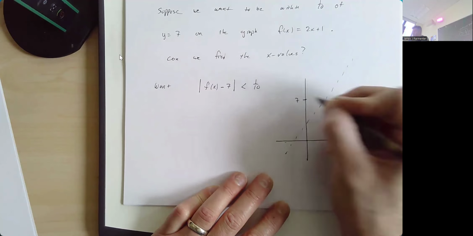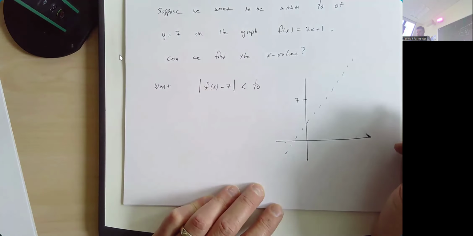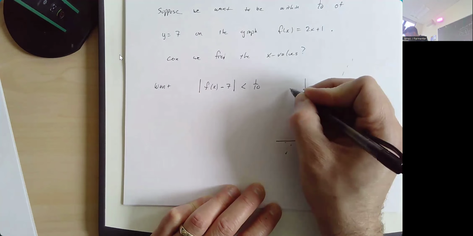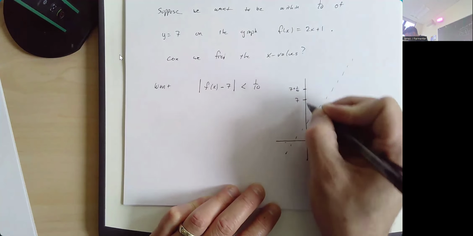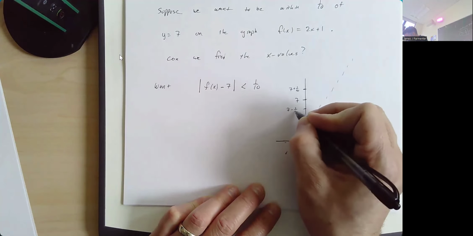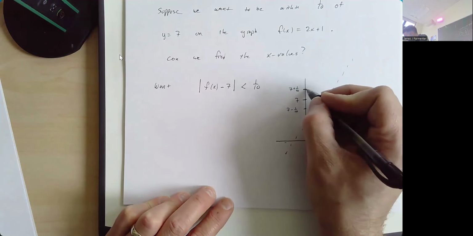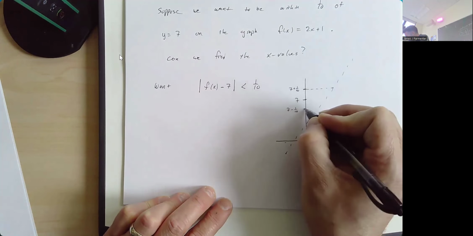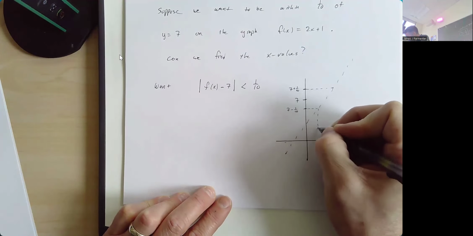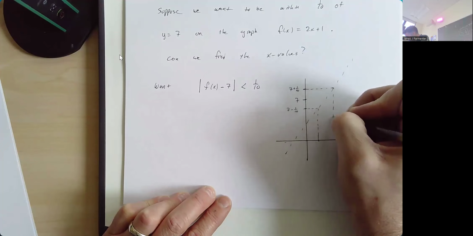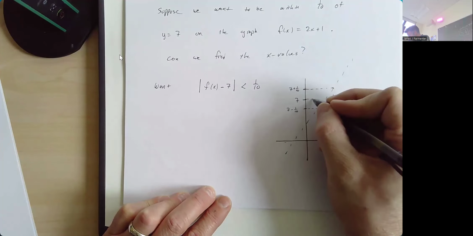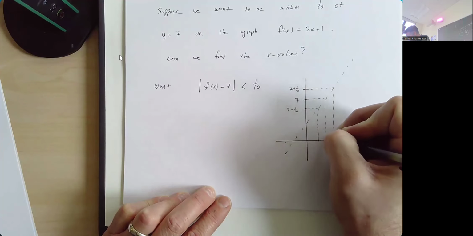Here's 7, and I'm going to draw this kind of exaggerated so it's easier to see. Here's 7 plus 1/10. Here's 7 minus 1/10. Yeah, I know I could write 7.1 and 6.9, but I wanted to write it this way. So I'm looking for the corresponding x values that are on either side of 3.